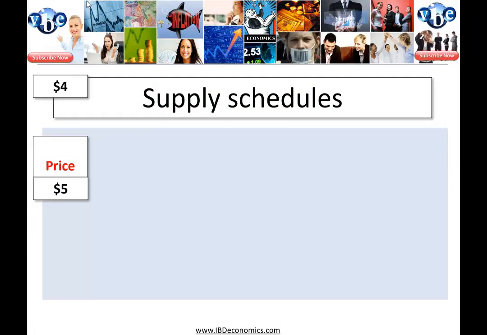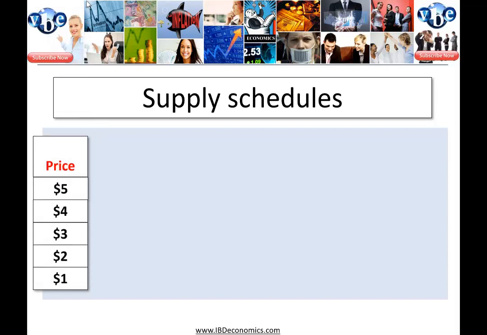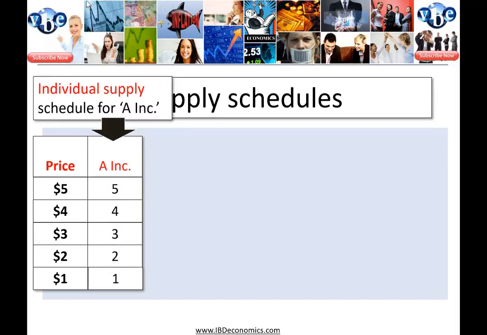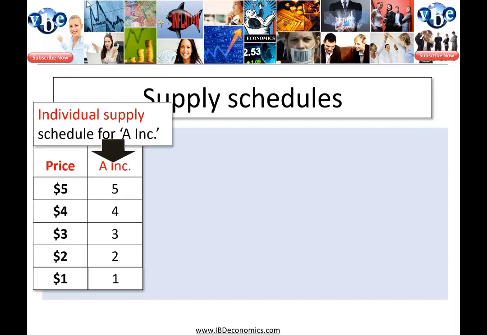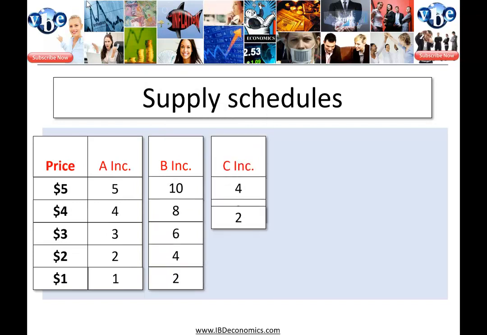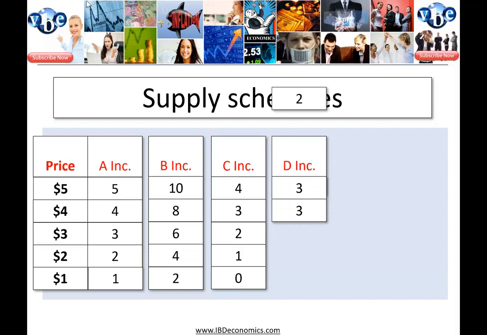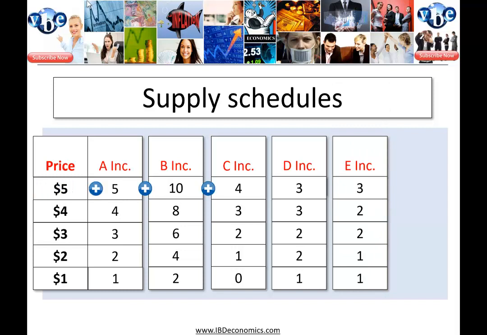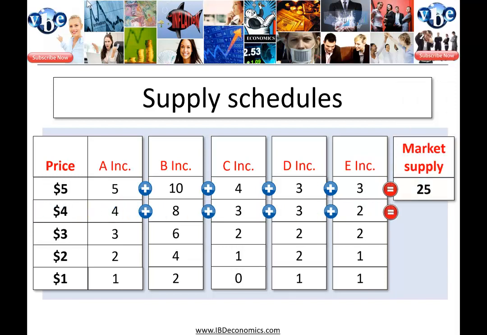Supply schedules, very much like the demand schedule, across a range of prices. The individual supplier, in this case A Inc., B Inc., how much they'll supply the market across a range of different prices, C Inc., D Incorporated, E. And once we sum each of these individual firms, how much they're supplying to the market at each individual price, we will determine the market supply schedule.